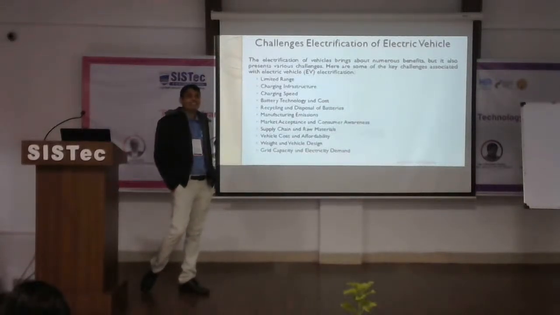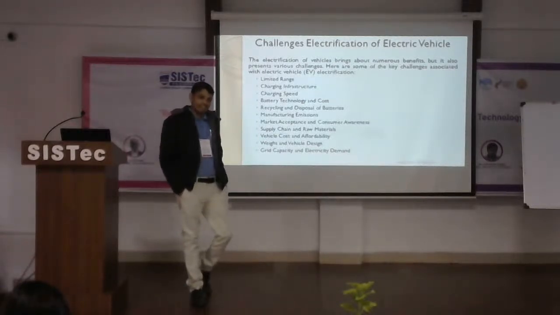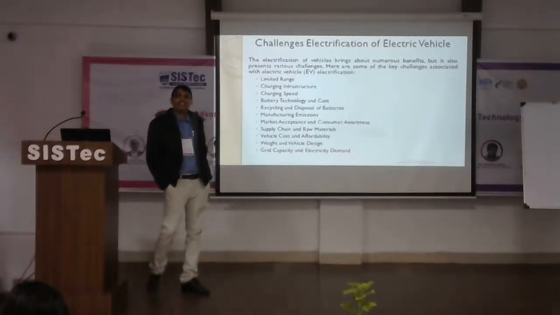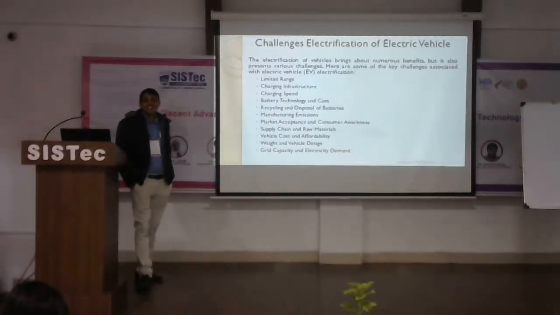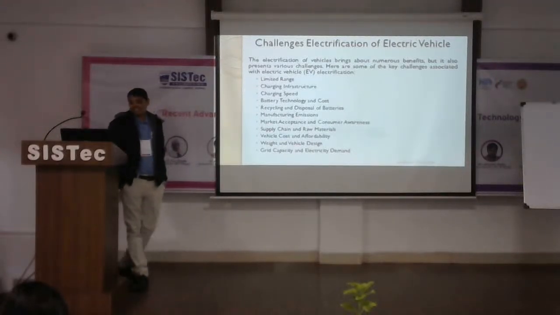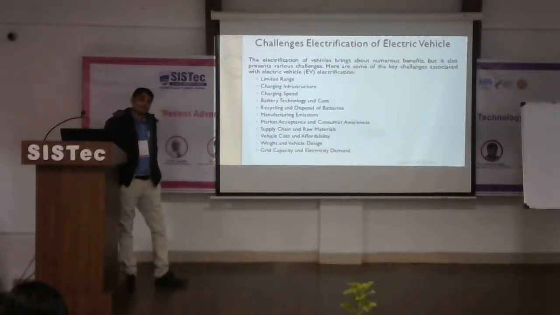What will happen? When you require charging, electricity is not there. So again, that problem we are facing, especially in rural areas. Electricity is not provided 24 hours. Okay, so that is the problem with electricity demand and capacity as well.